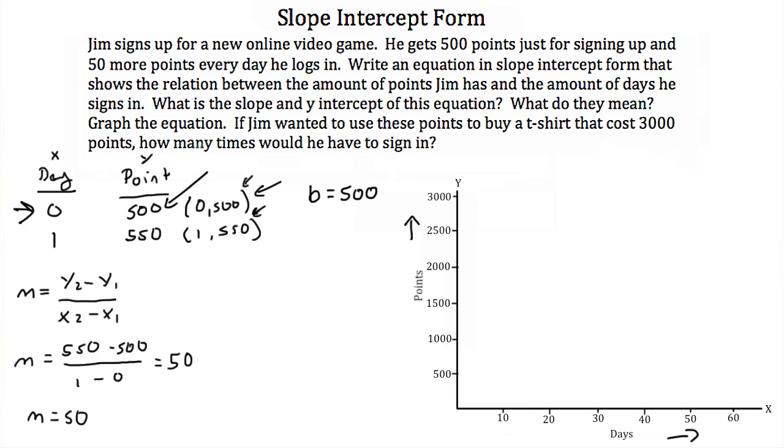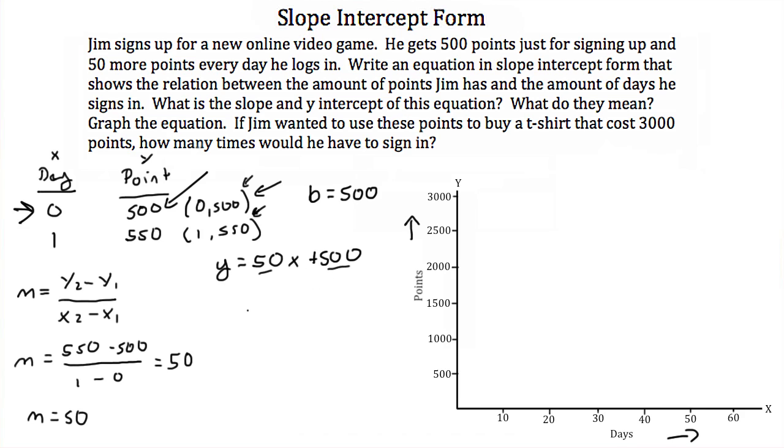So the equation that shows the relation amount of points versus the amount of days he signs in is y is equal to 50 times x, which is the amount of days he signs in, plus 500. So our slope is 50 and our y-intercept is 500.